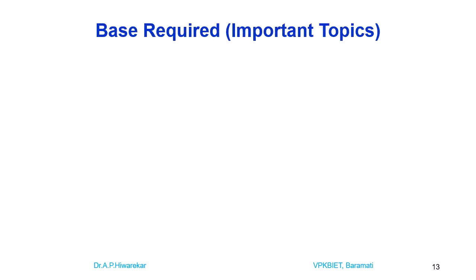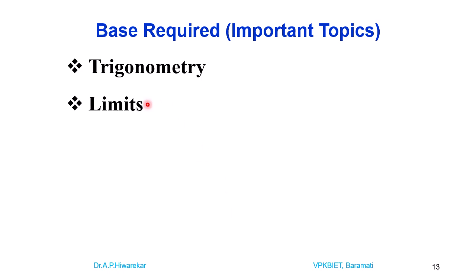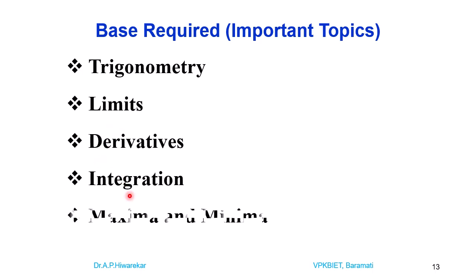So obviously you require this base. The important topics among all those which you learned up to your 12th standard, which I am highlighting here, are trigonometry, limits, derivatives, integration, and maxima and minima of a function of one variable.